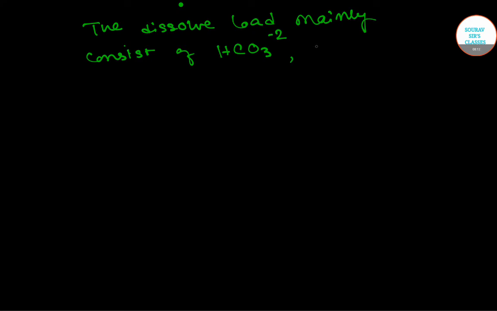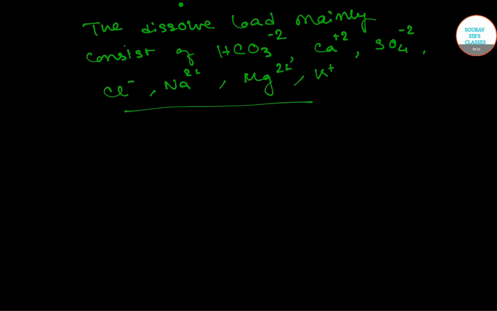It also consists of calcium ions, Ca2 plus, SO4 2 minus, chloride, sodium, magnesium and potassium. So these are the ions that dissolve in the water. These are mainly the dissolved loads.